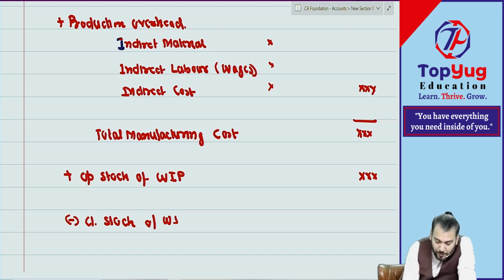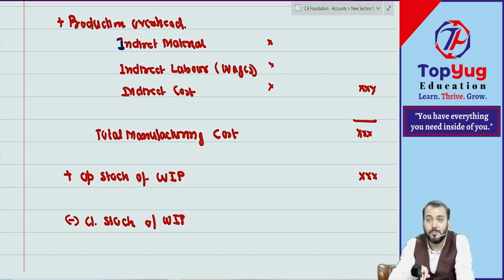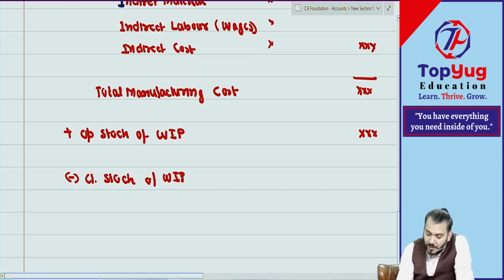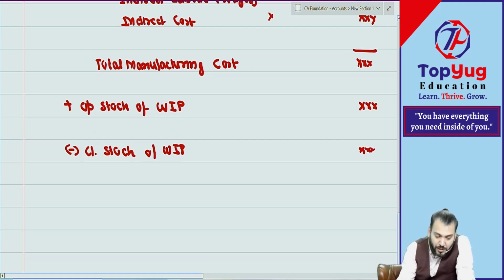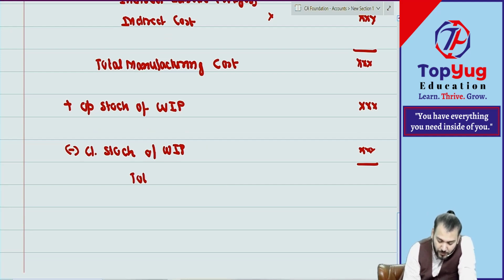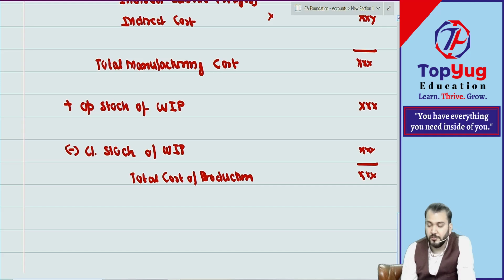Closing stock of WIP means what is still WIP, that is not a part of current year production, not yet produced, so that will be deducted. Understood? So this becomes the total cost of production. Have you understood? Correct.